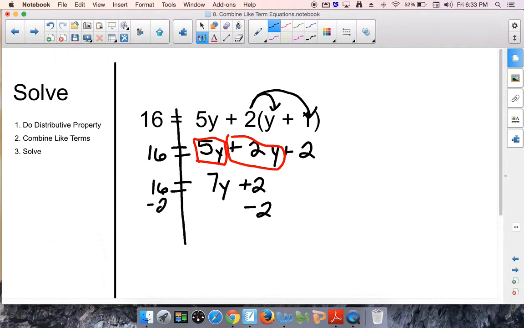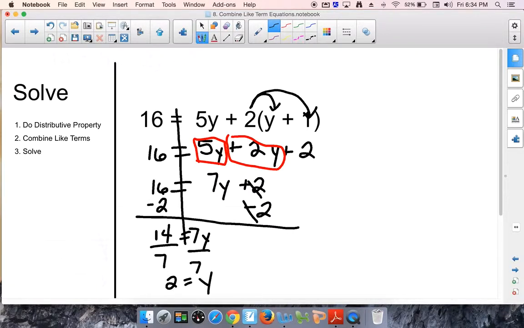Minus 2 on both sides. 16 minus 2 is 14 equals, cancels out, 7y. Divide by 7, divide by 7, and 2 equals y. Again, I plug into the original equation to check. 16 equals 5 times 2 plus 2 times 2 plus 1.